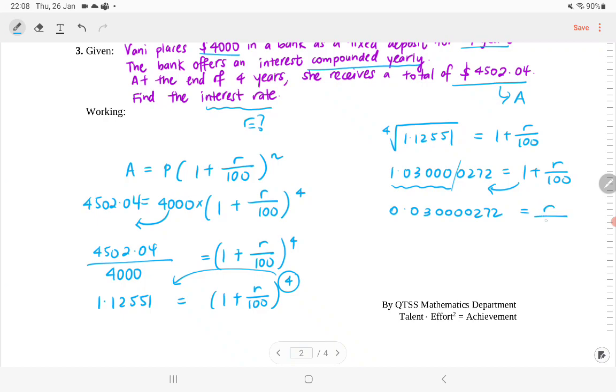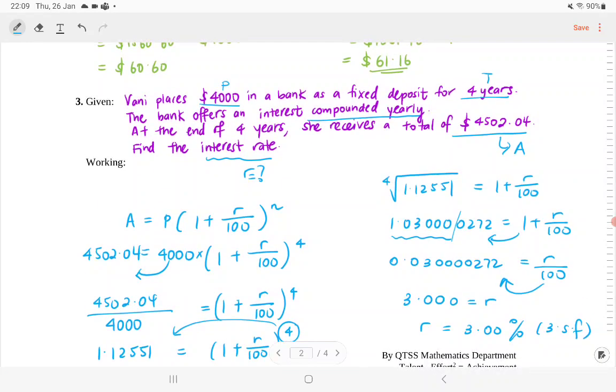Then bring over my 100 to multiply, and I'll get 3.000. I think it's enough already, because your interest rate will be 3 SF. So your interest rate is actually 3%.